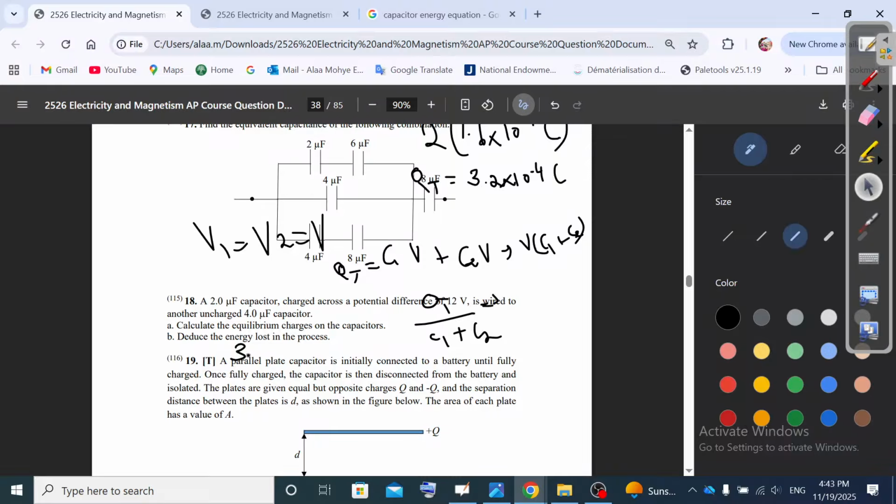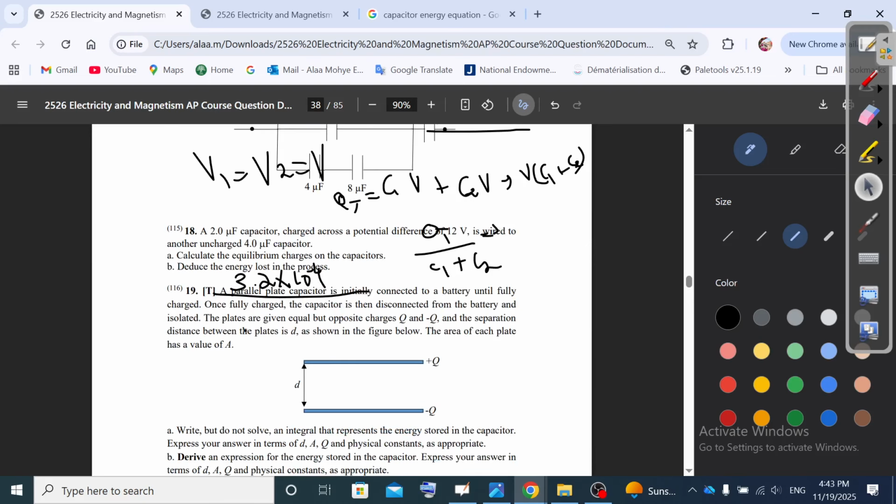It's 3.2 times 10 to the minus 4, which we found here, over your C1, which is 4 times 10 to the minus 6, plus your 16 times 10 to the minus 6. You get 16.